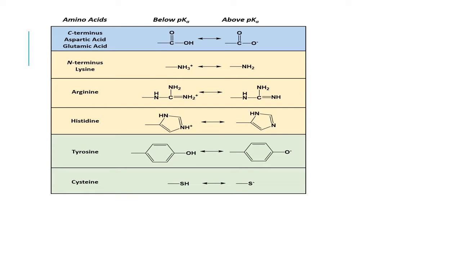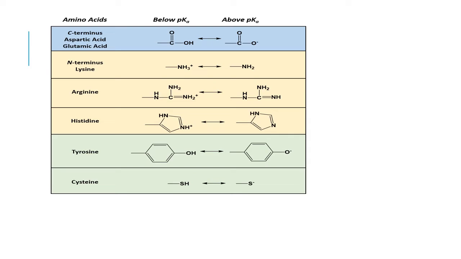What we are able to see from here are the readily ionizable side chains. This is basically telling us that at a certain point, the group will be negatively charged or positively charged.